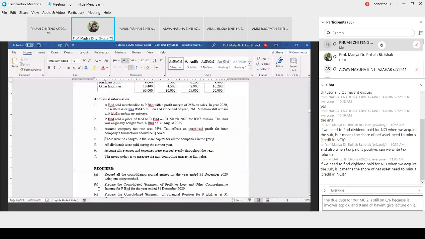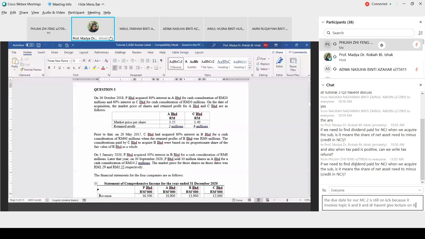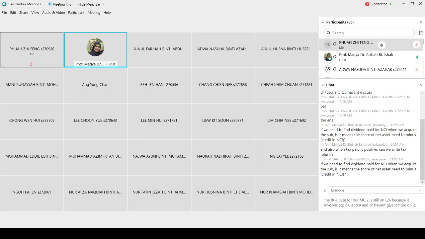Okay, P acquired 80% interest in A for cash consideration of 20 million, and then 60% interest in C. So you're ready with that one? I'm going to stop sharing this one.